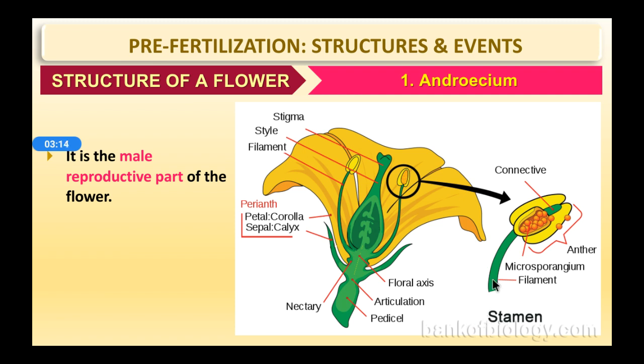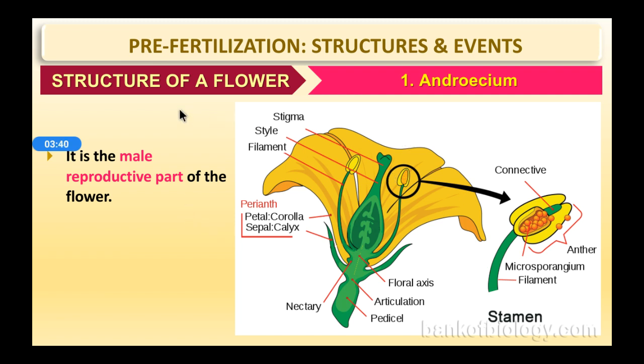Here you can see the parts of the stamen, that is the filament and anther, which we need to study. And next is the female part, the gynoecium, or carpel, or pistil. It is the innermost whorl and is the female reproductive part.